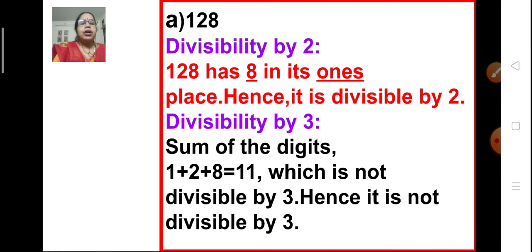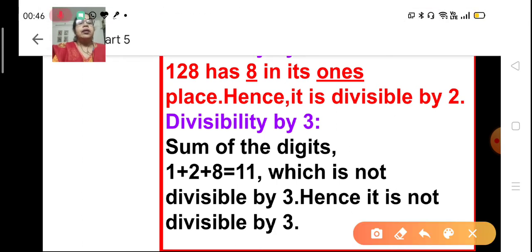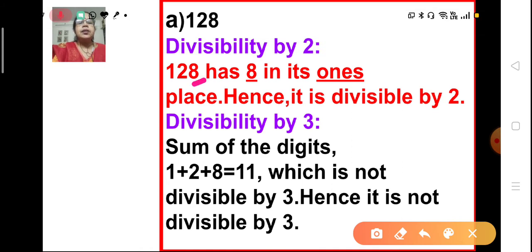The digit in ones place, the number should be even, that means the digit in ones place should be divisible by 2. Alright, so here in the number 128, 8 is there in ones place, so the number is divisible by 2 because 8 is divisible by 2, so the number is also divisible by 2.